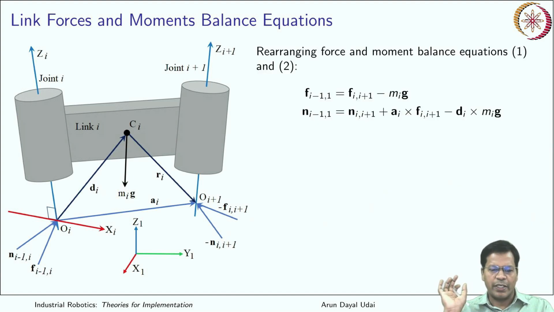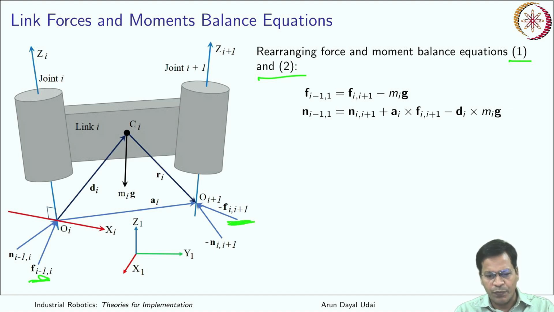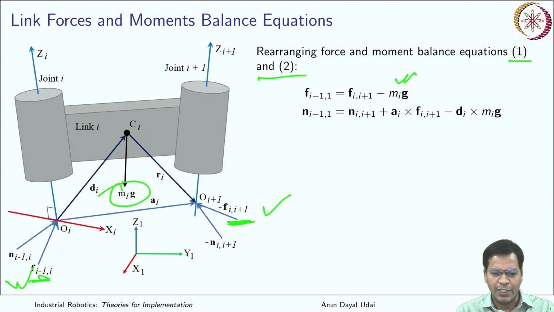So this is nothing but just like a free body diagram in space. Okay, so now let us just rearrange the force and moment balance equation as we just saw. So I am expressing the force that comes here in terms of force that is here. So if you know this one, you know this one, plus this will come in between. So you see what I am trying to do, I am trying to create a chain sort of thing, so that I can do some iteration or that kind of thing. Will come more precisely later now.